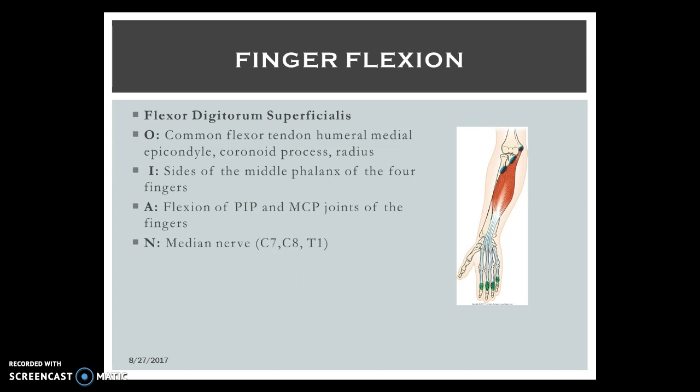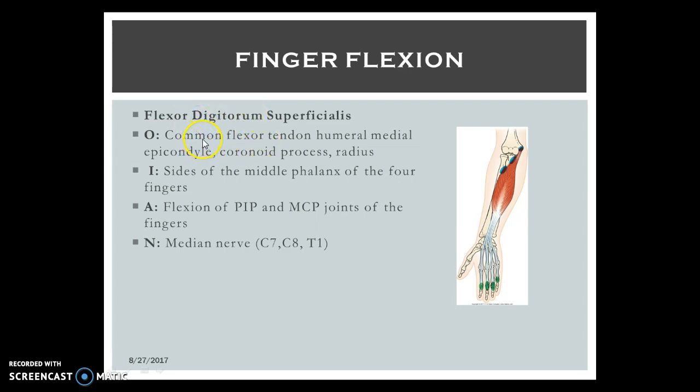Finger flexion. Now we've done wrist, we've done thumb, now we're going to the fingers. The flexor digitorum superficialis. Superficialis means it's fairly superficial, especially compared to the other muscles. Digitorum means that it goes to multiple fingers, or multiple digits, and you'll see that here.